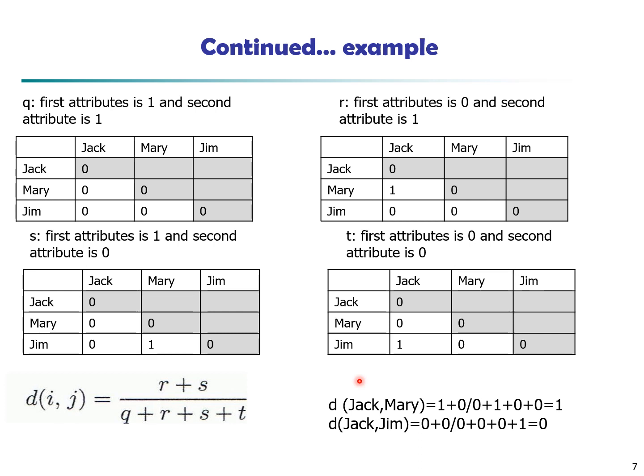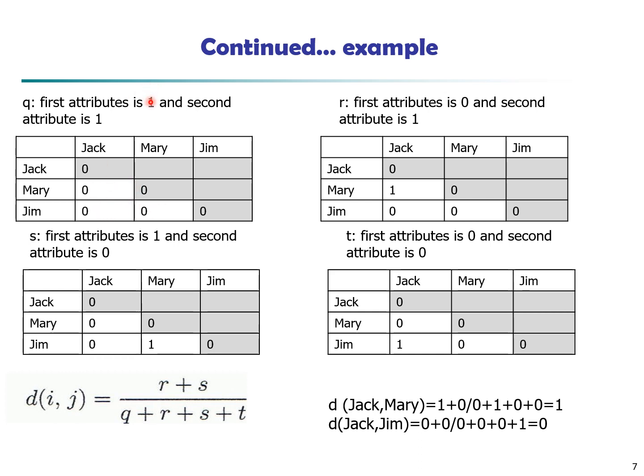Now what we will do is first calculate Q. Q is having the first attribute as 1 and the second attribute as 1. So first of all we will be listing Jack, Mary, Jim, Jack, Mary, Jim, which are the 3 objects that we have, and we agreed that we will only do a triangular matrix.